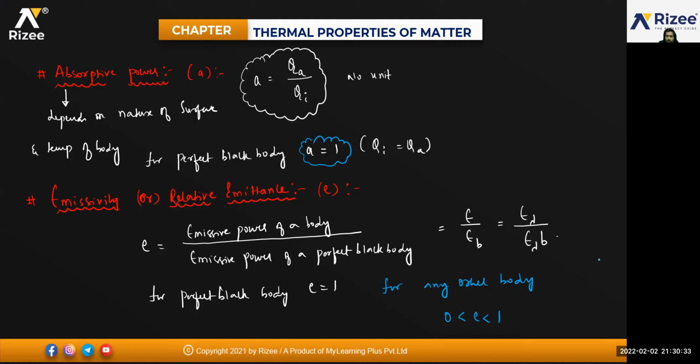Clear, beta? So what is emissivity? Emissivity is also known as relative emittance, represented by letter e. The e value is 1 for a perfect black body, and for all other bodies it is between 0 and 1. It is the ratio of the emissive power of a body divided by the emissive power of a perfect black body. Just go through it once, faster.